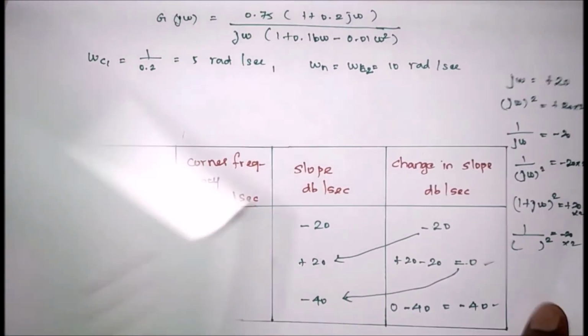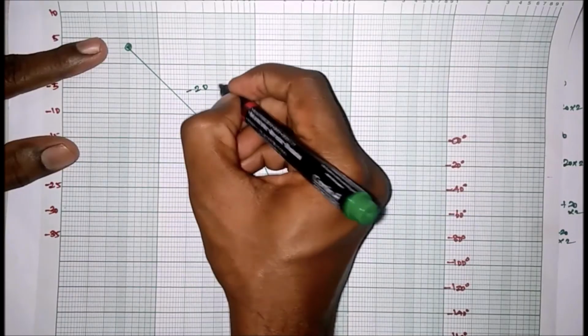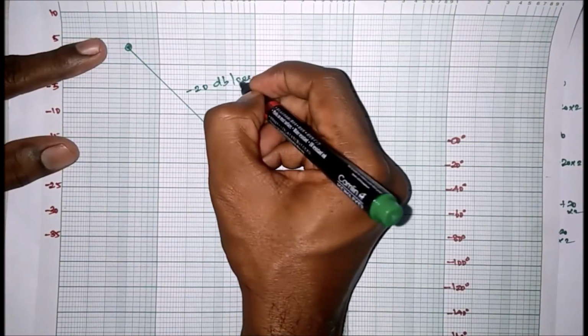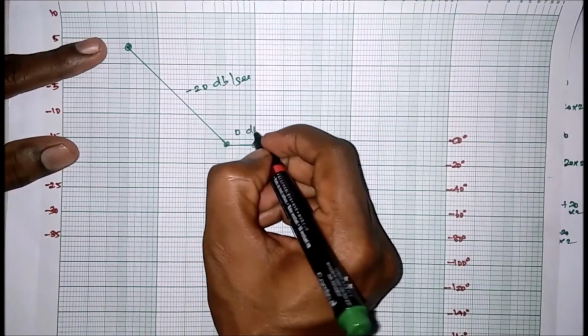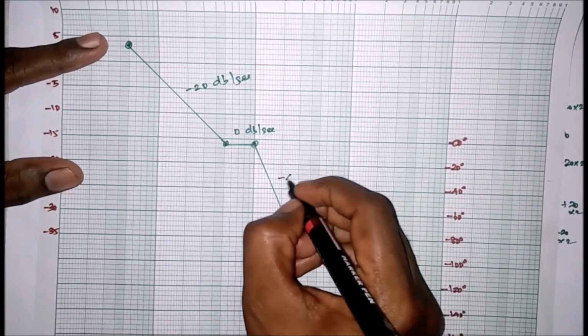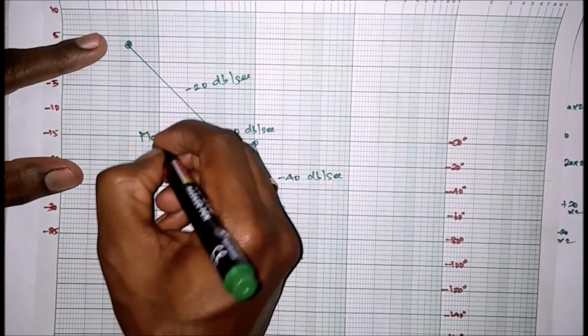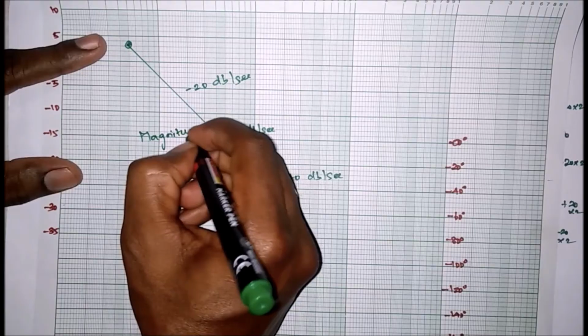So we see in the semi-log sheet we have to mark the slope also. This is the minus 20 decibel per decade slope, this is 0 decibel per decade, and its slope is minus 40 decibel per decade. So this is nothing but the magnitude plot.